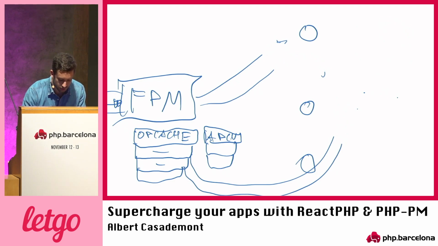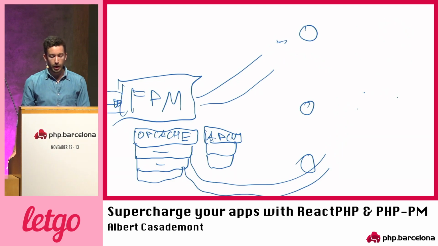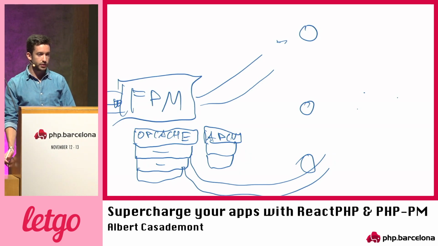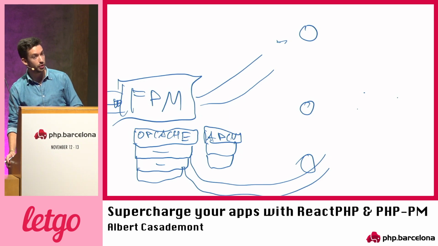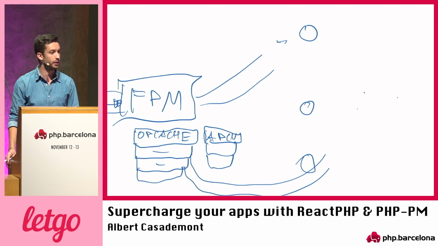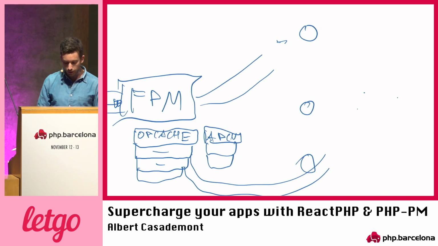And it starts all over again. And to be honest, I think that's a little bit of a waste. It has its good things. I think Rasmus pointed out those good things really well yesterday. But it also has some bad things. And you pay a performance price for this.